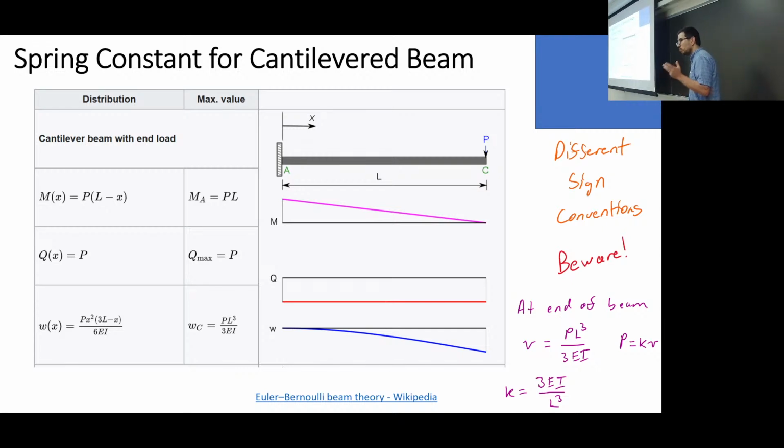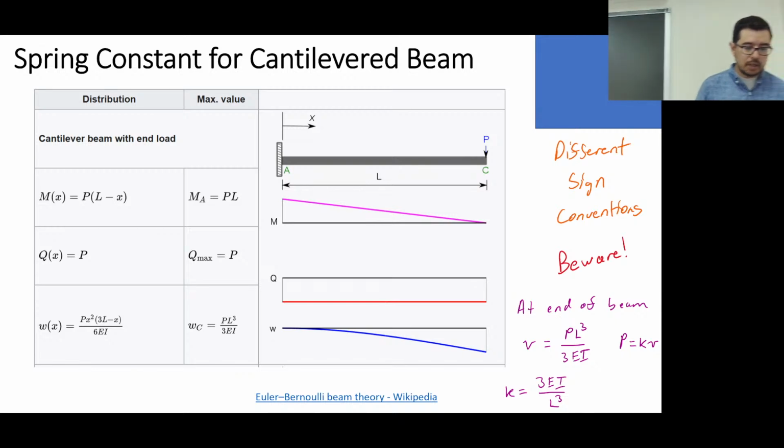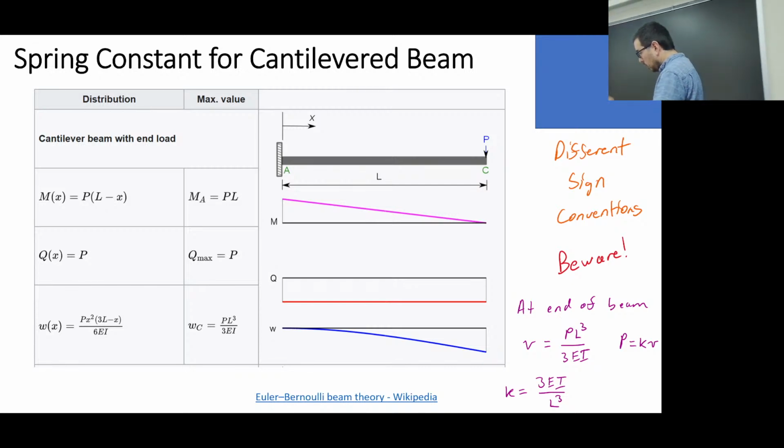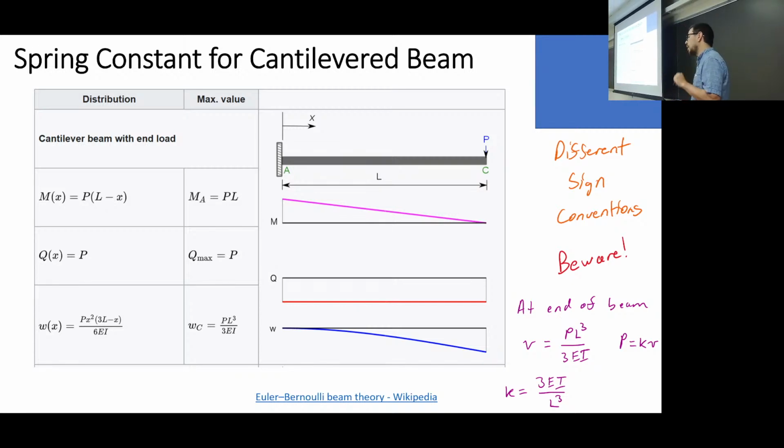And so now you can go around and take a look at these tables, and for these simple cases, or not so simple cases, if you're interested in saying, okay, how stiff is this when I apply this force to it, then here you go. Or how much rotation, for example, do I have at the end if I apply a moment at the end, right?